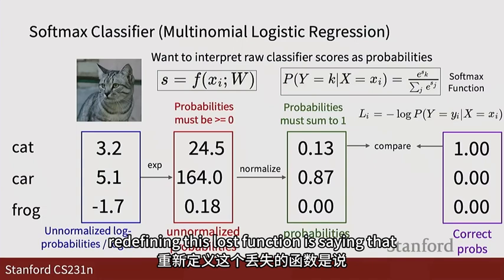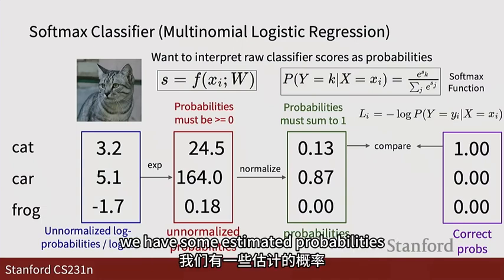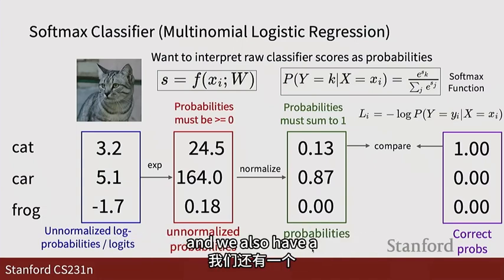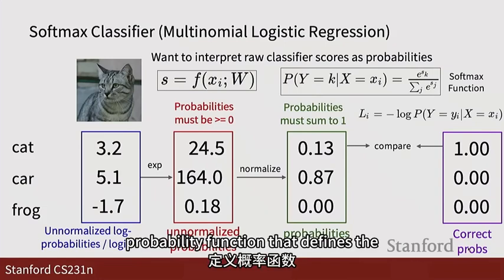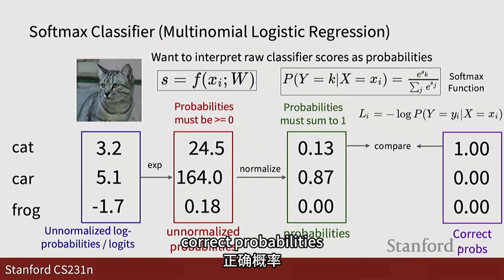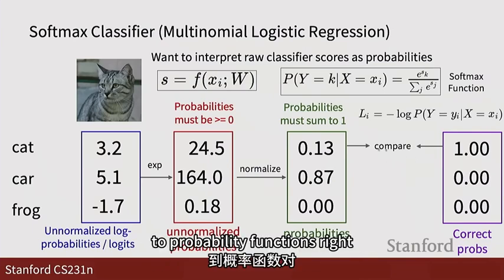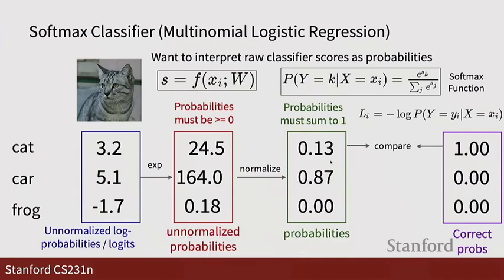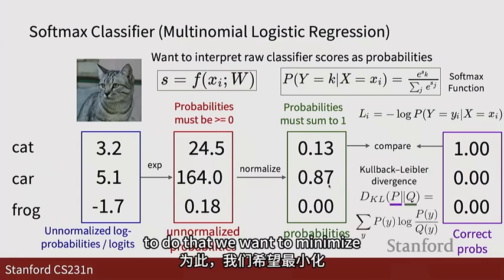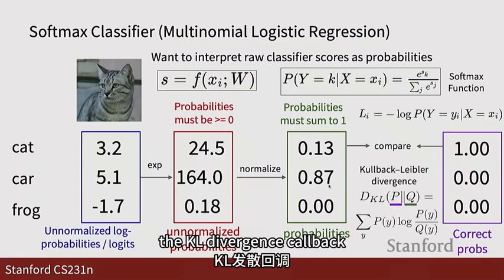One way of redefining this loss function is saying that we have some estimated probabilities, and we also have a probability function that defines the correct probabilities. What we want to do is to match these two probability functions, right? And in order to do that, we want to minimize the KL divergence, Kullback-Leibler divergence.